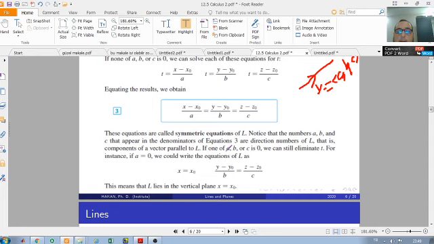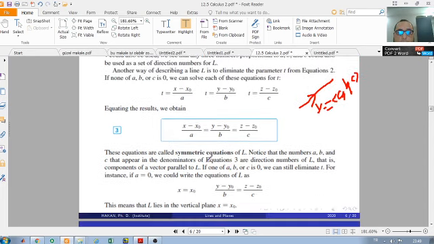Notice that we now have three forms for stating the equation of a line in three-dimensional coordinate system. The first one is the vector equation. The second is the parametric equations.